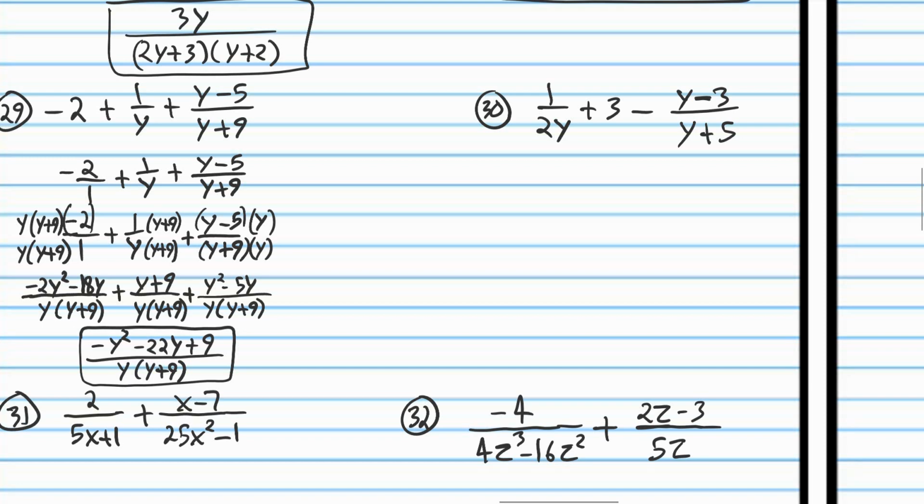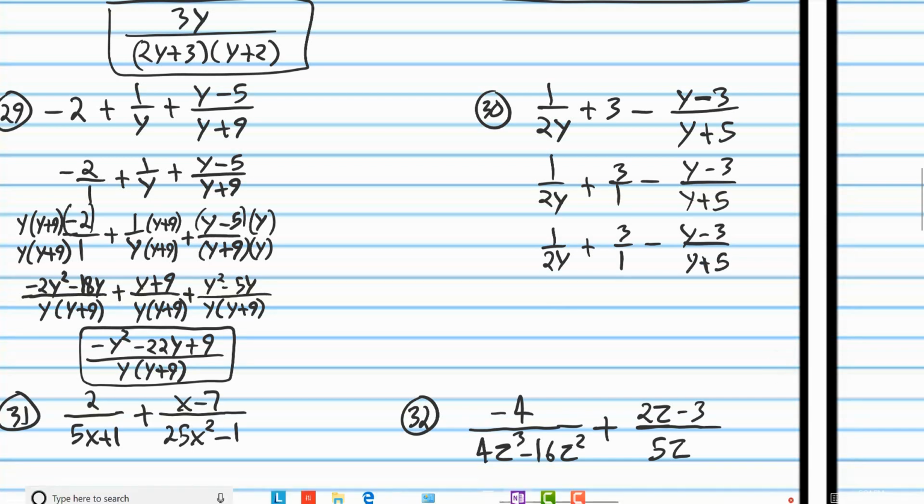All right, we're back. We'll write the 3 as 3 over 1, and multiply both sides of this fraction by 2y.